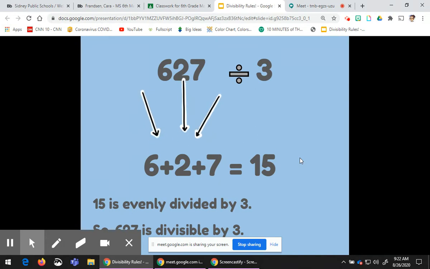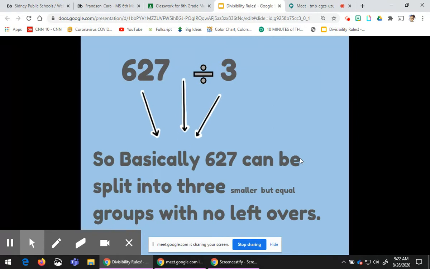Now, do I want you guys to do that when you start driving? No, wait until you've gotten really good at driving before you start thinking about this kind of stuff while you're driving, which is a long ways into the future. All right, 627 is divisible by 3.